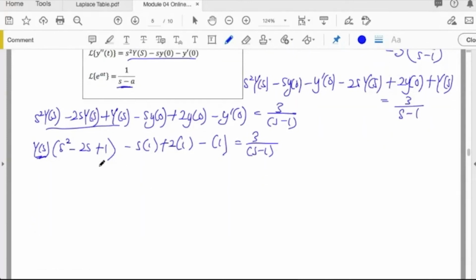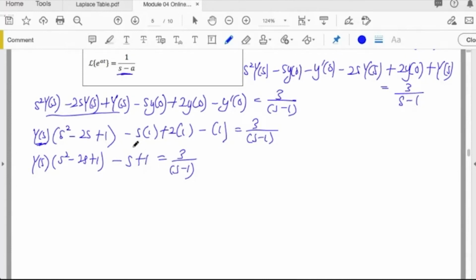Plus 2 minus 1, we get plus 1. So we have minus s plus 1 equal to 3 over s minus 1. That part we can bring to the other side, so it becomes positive s minus 1, and that one no longer exists.